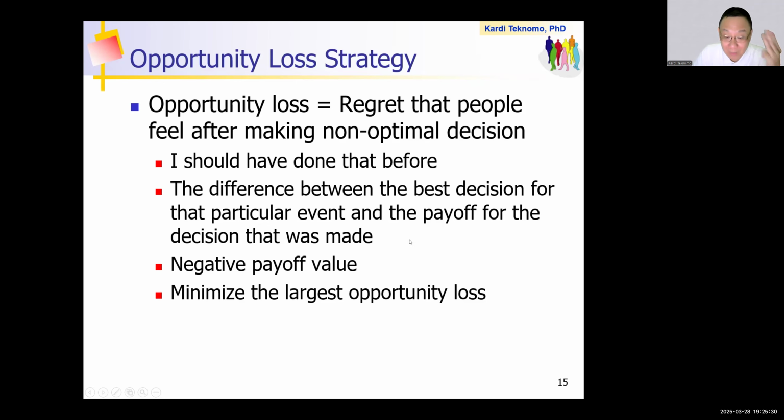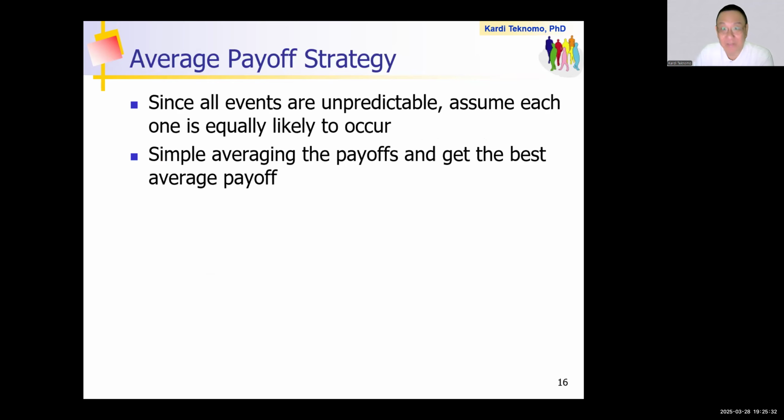Okay. The fourth one is based on average. Since everything is actually unpredictable, probably the best way is to assume each is equally likely to occur. This is the same as maximum entropy. You simply average the payoff, and then you get the best on the average payoff. The best depends on whether it is gain or cost. If it is gain, you want to maximize.